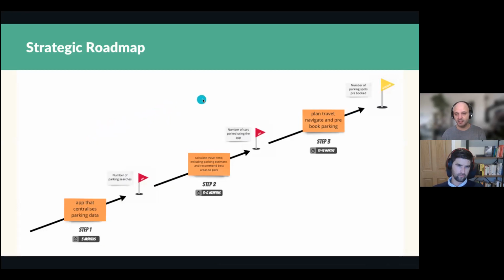And then later on, being able to calculate travel time and create parking recommendations, also measuring this by the number of cars parked using the application. And later on, start to implement further features like navigation and the ability to pre-book a parking spot, which I could measure by the number of parking spots pre-booked.